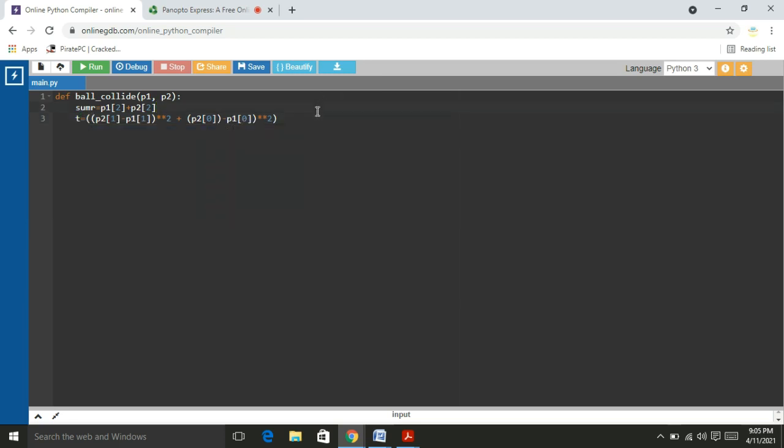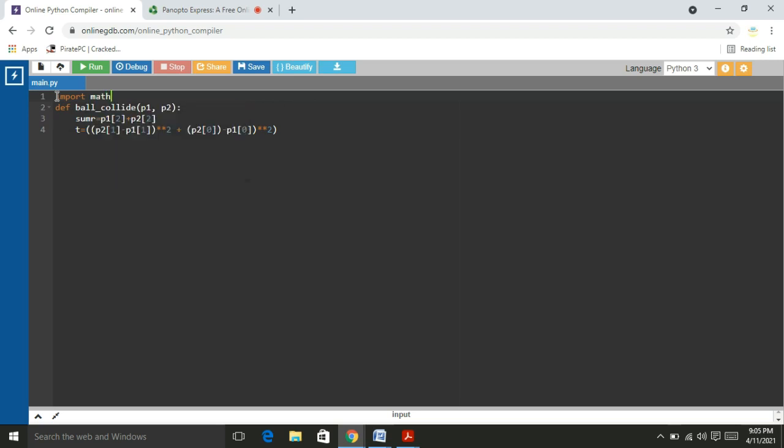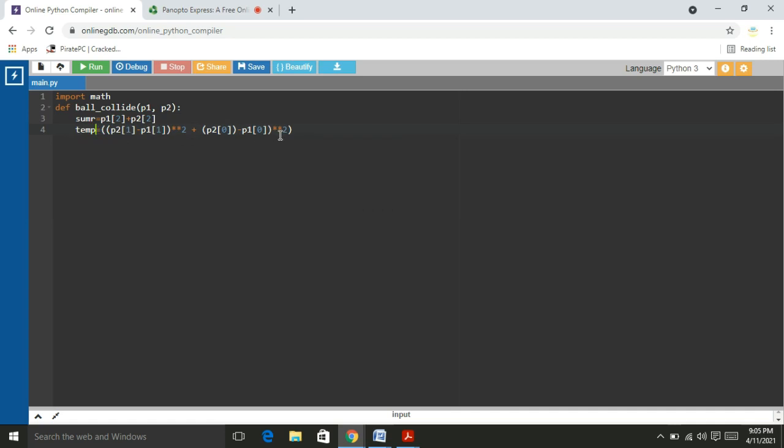I am going to consider this is the temporary variable. To calculate the square root, we know that we are going to import the math module, import math. Here I am going to call it temp, temporary one. Next I am going to calculate the actual distance.